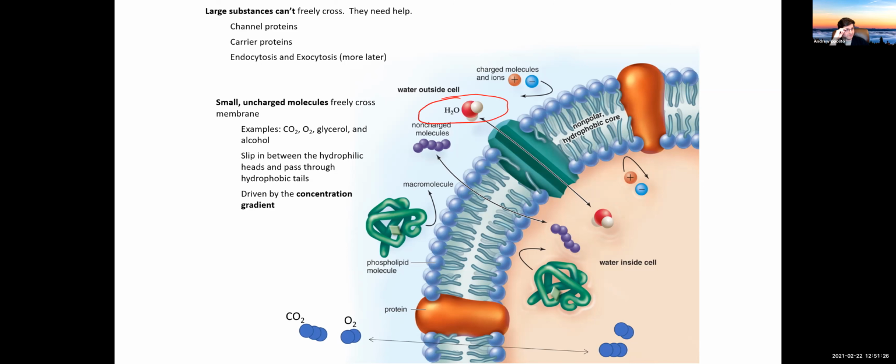Water is a very interesting molecule in the sense of permeability, because for the longest time we used to think, but couldn't explain well from a scientific perspective, that water went across membranes very easily. And it does. We used to think it's because water just diffused across the membrane.